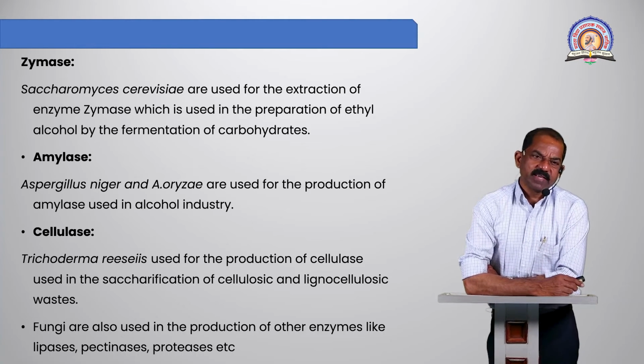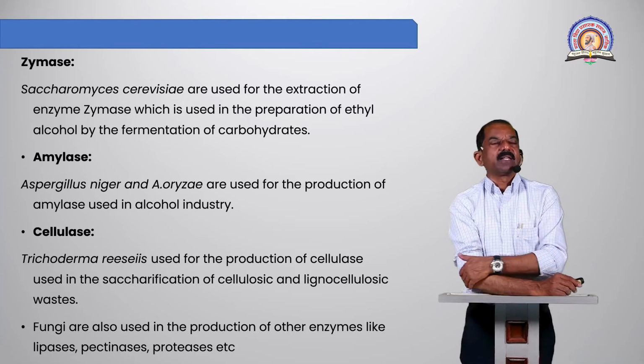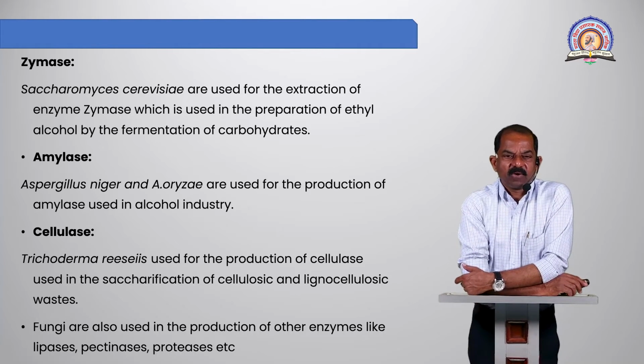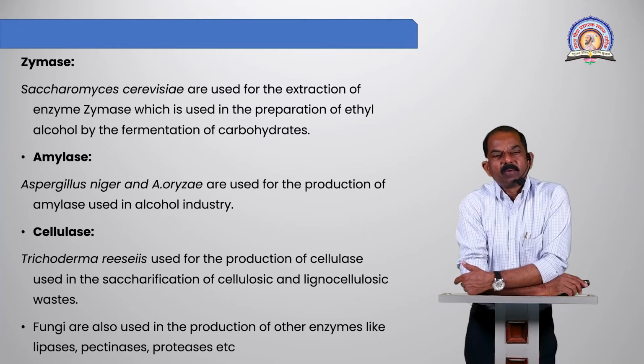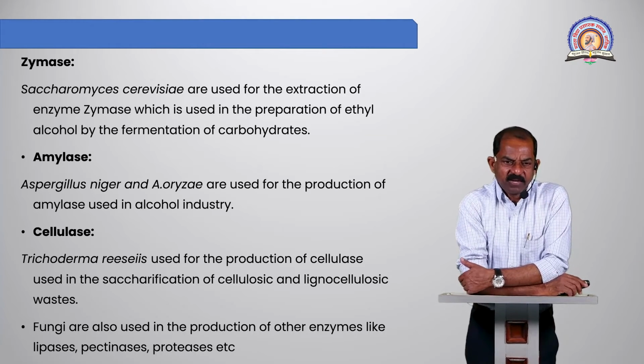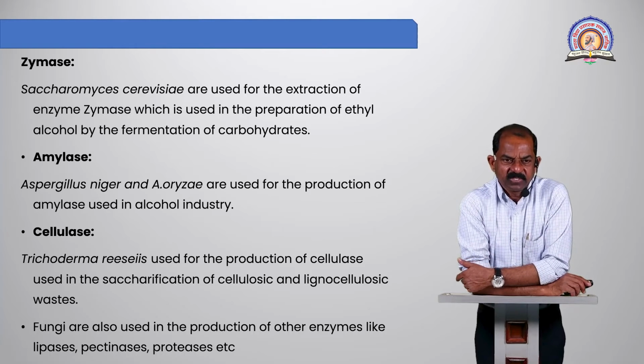The second enzyme, like zymase, is also obtained from Saccharomyces cerevisiae, and amylase is obtained from Aspergillus niger. Then cellulase is also produced by Trichoderma reesei. The production of cellulase is used for saccharification of cellulosic and lignocellulosic wastes.